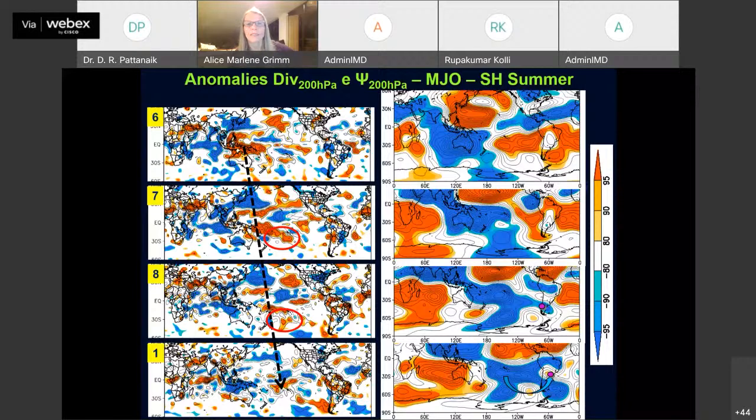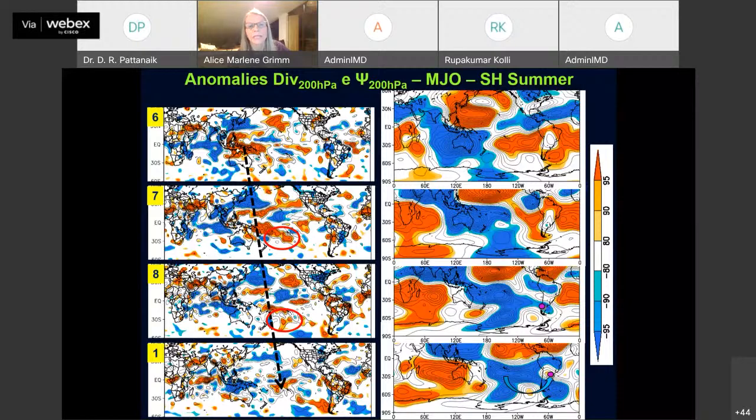Well, here it's possible to see that while you have this anomalous convection and upper level divergence in the equatorial belt, and not much anomalous convection in the subtropics, there is no pattern of extratropical teleconnection here over the Pacific.